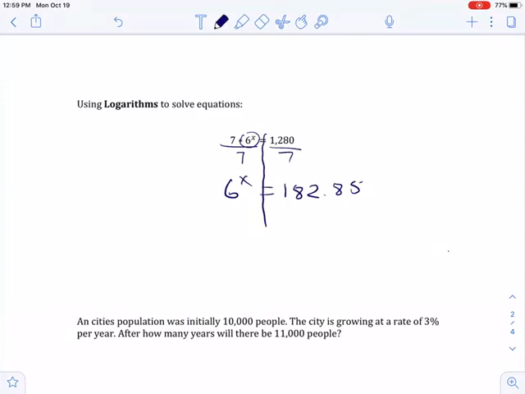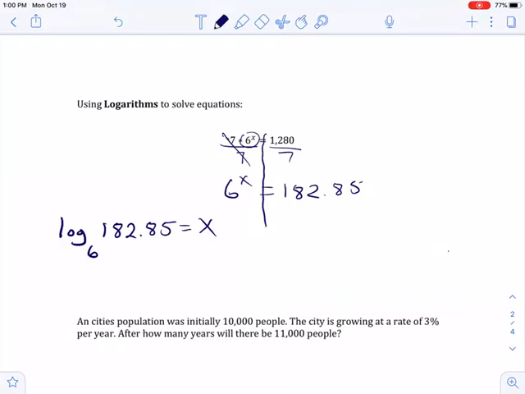I'm only going out to the hundredths place here, but we've isolated our exponential. Now I'm going to rewrite this so that it is in logarithmic form. So that's going to be log base 6 of 182.85 equals x. All right, everything on the left is a known quantity. And on the right-hand side, we have our variable.